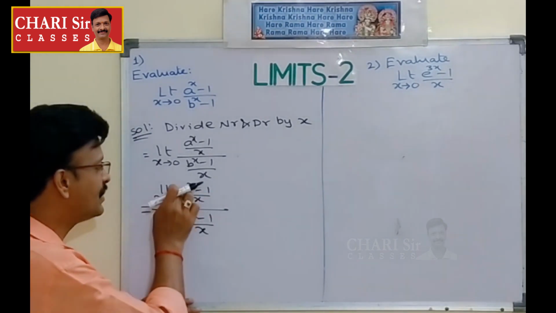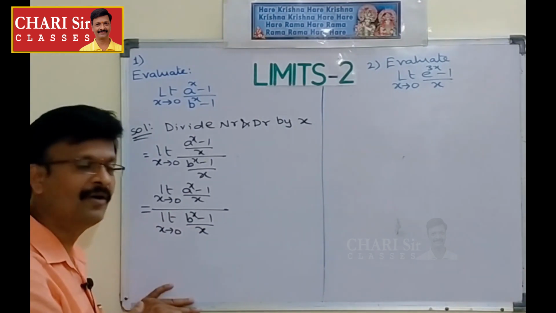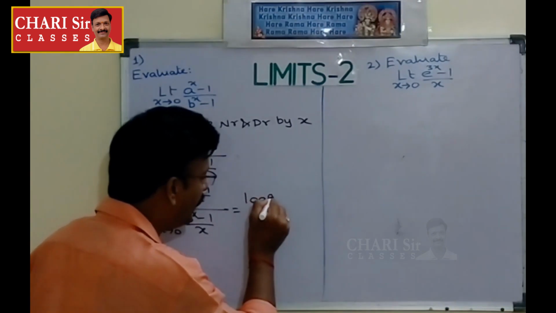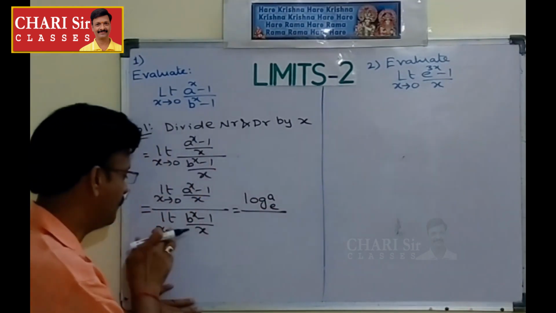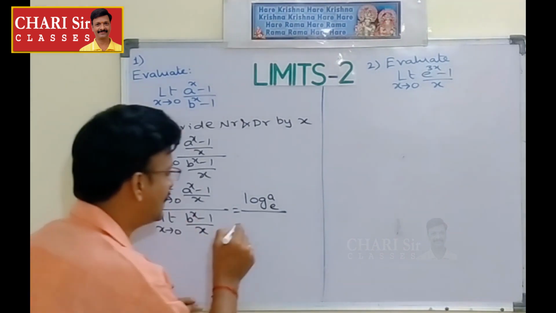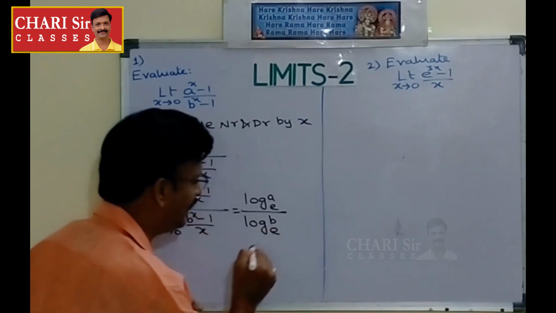The limit x tends to 0 (a power x minus 1) by x is the standard form I gave in the limits first part. This standard limit value is log a to the base e, divided by the limit x tends to 0 (b power x minus 1) by x, whose value is log b to the base e.